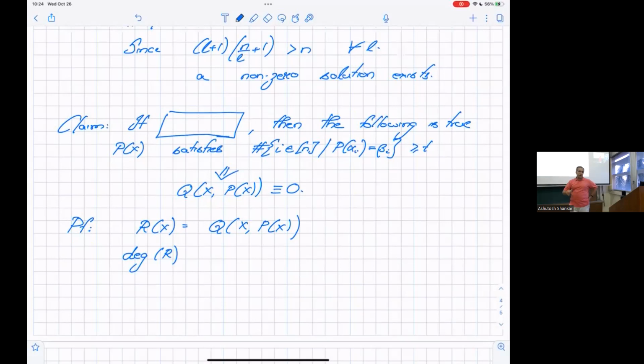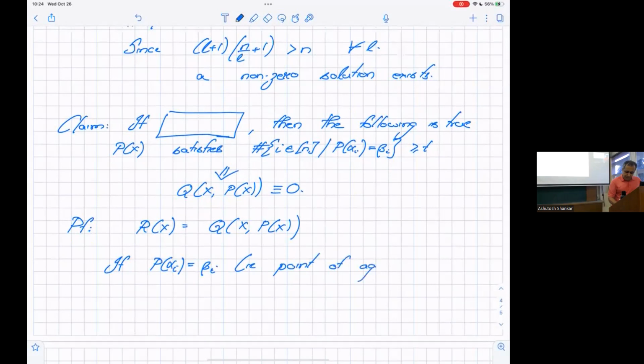So what we have is the following. If P of alpha i equals beta i, this is the point of agreement. Notice Q has already been chosen so that Q of alpha i comma beta i is 0 for all the data points.